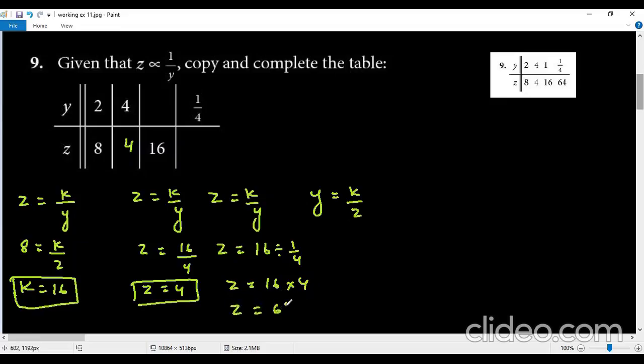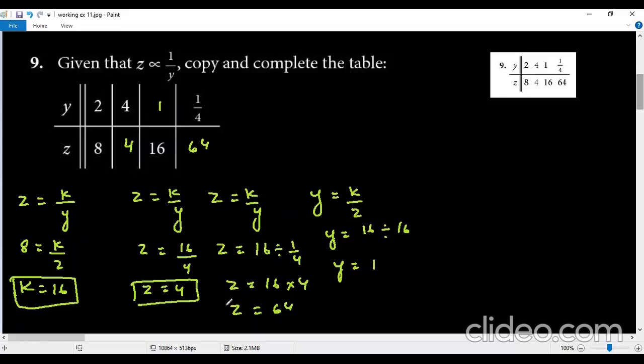So you write 64 here. When it comes to this one, it says y equals k, value 16, divided by z. Z is 16, divided by 16. So y is equal to 1. So you write 1 here.